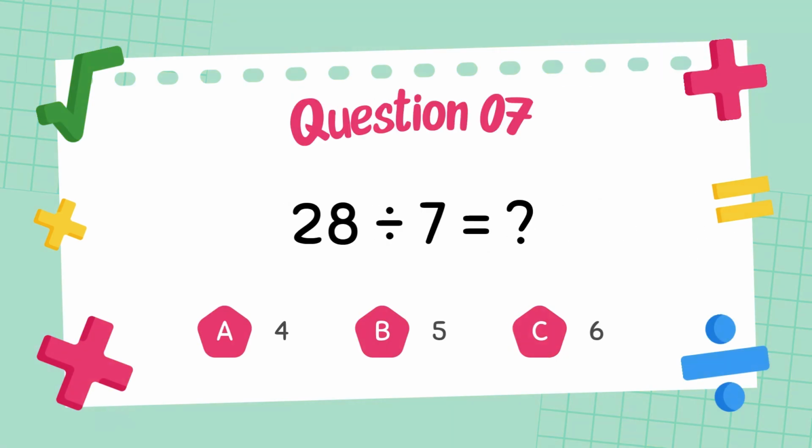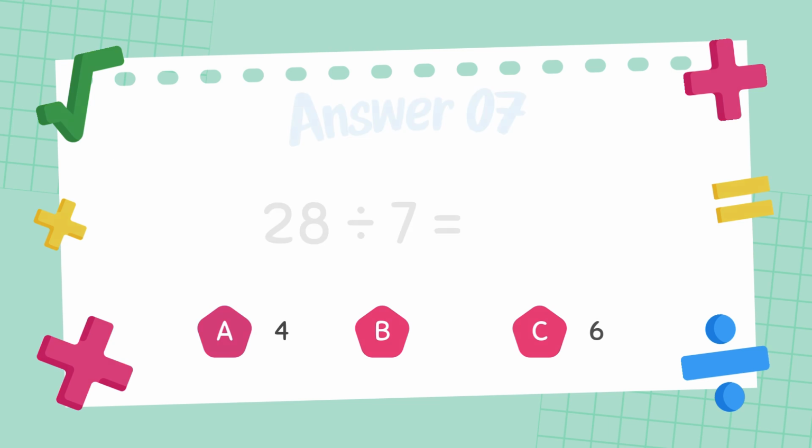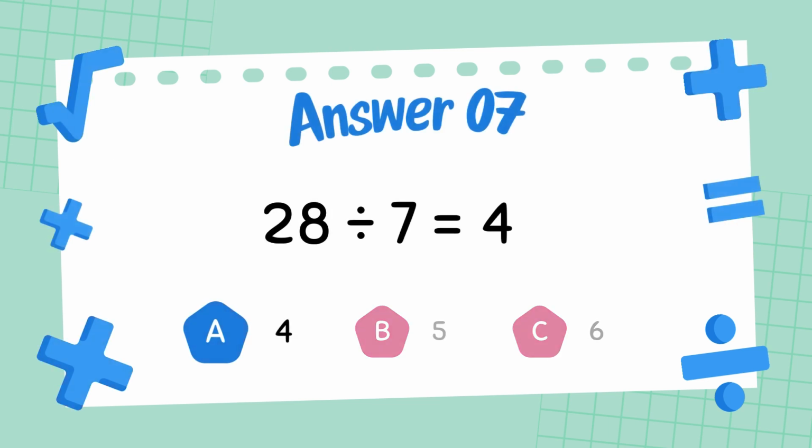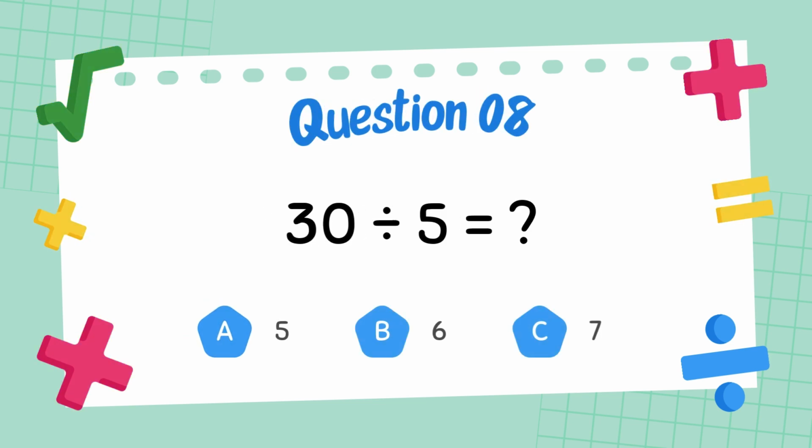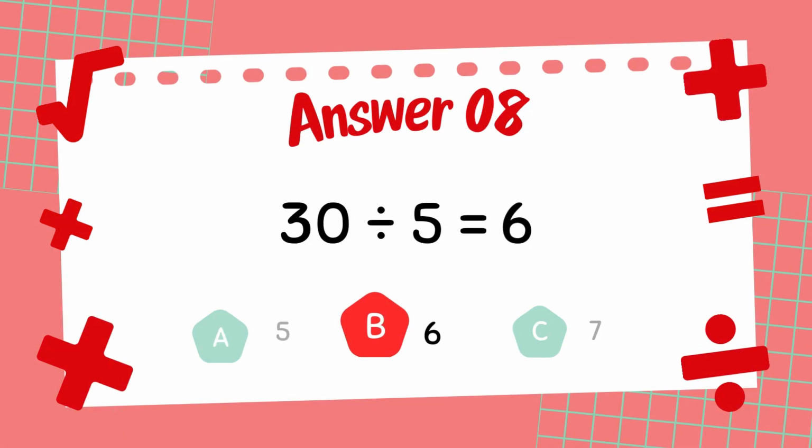What is 28 divided by 7? The answer is 4. What is 30 divided by 5? The answer is 6.